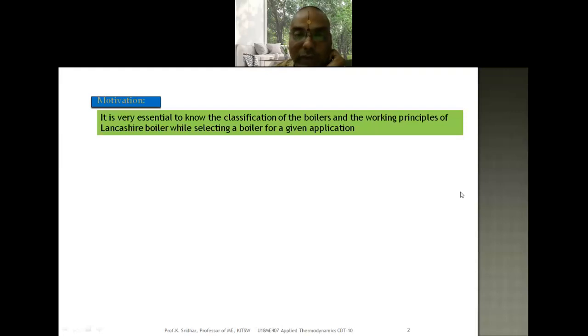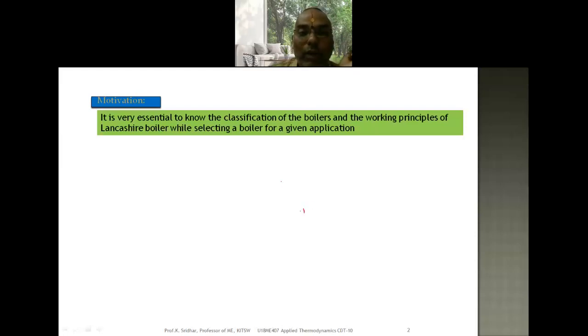Whenever you have a variety of boilers, which boiler is suited for a given application should be known to each one of you. So in today's class we will classify boilers, discuss one important fire tube boiler, the Lancashire boiler, and how to select a boiler for a given application.